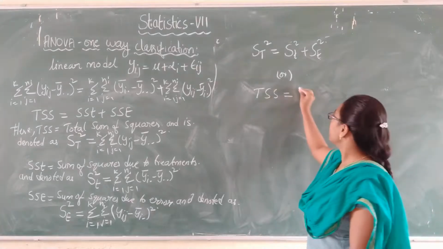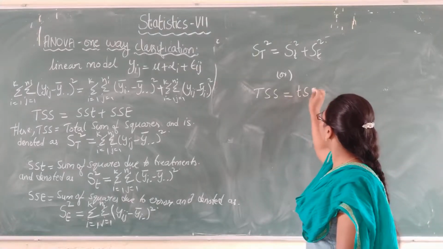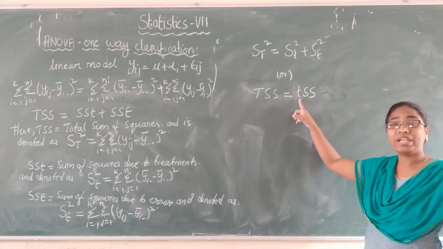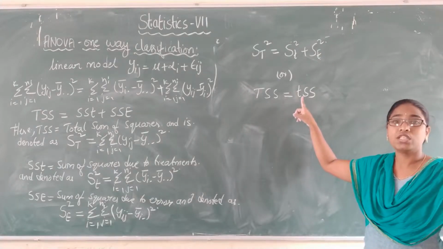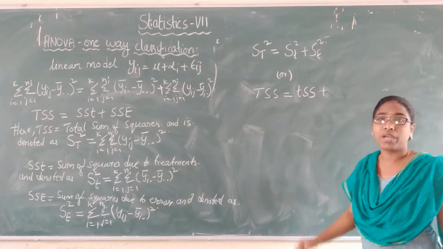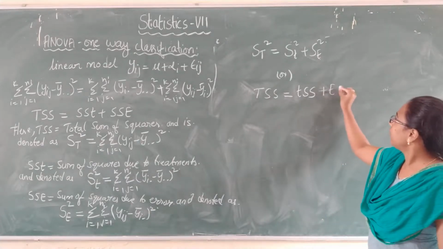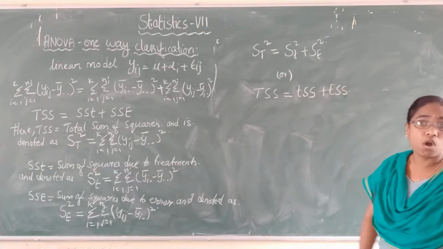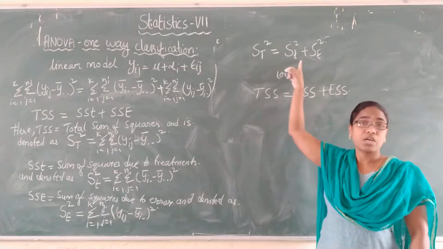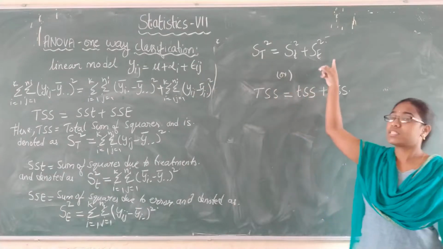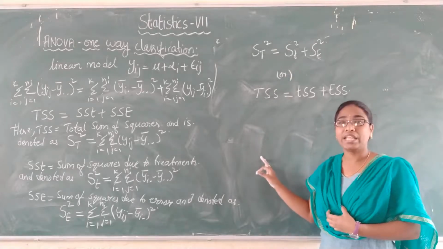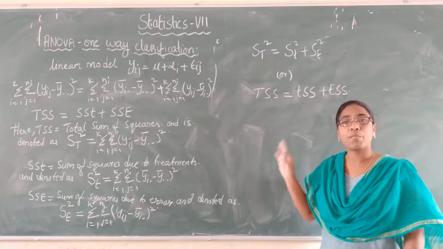If I am writing the treatment sum of squares, I will be using the notation with small t for treatment, and error is denoted with E. So always your total sum of squares is equal to the sum of squares due to treatment plus the sum of squares due to error. So this is up to finding the partition in your sum of squares.